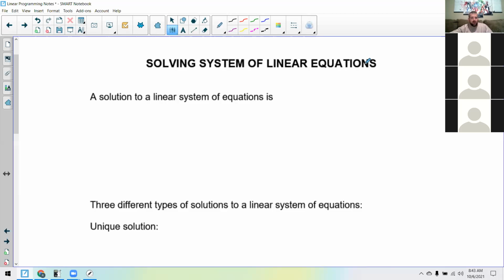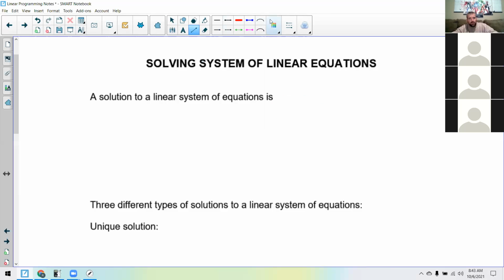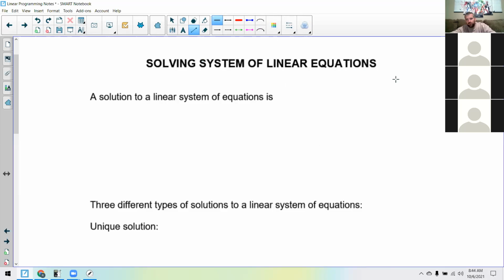Okay. Now, a system is just going to be 2 lines. So if I'm solving a system, basically, if I graph a line, that's all the points that make that equation true. If I graph another line, that's all the points that make that equation true. So the solution to a system, if I just, as an example, graph these 2 lines.